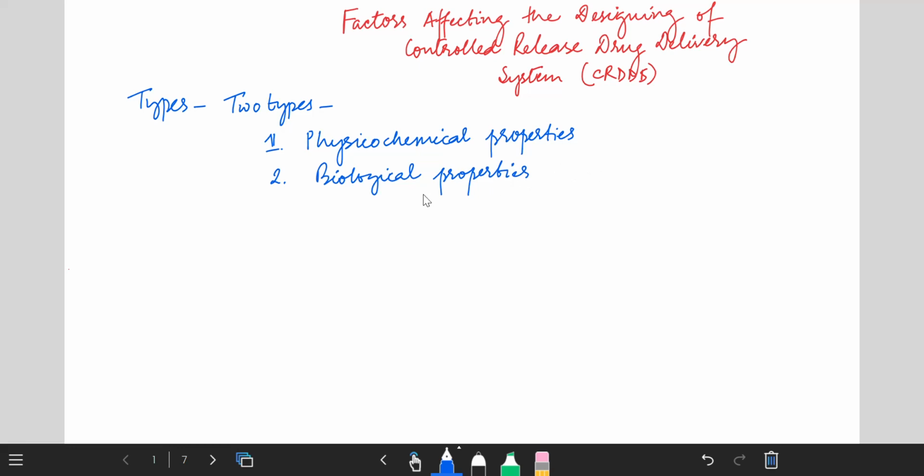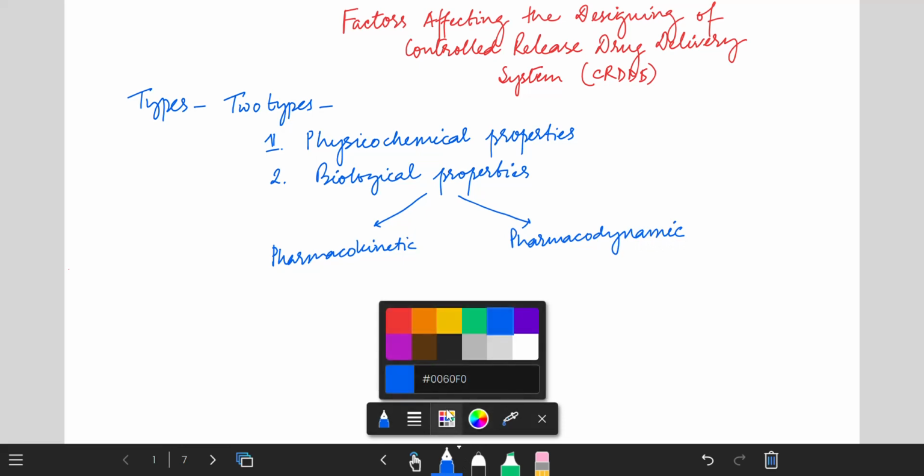Biological properties again are subdivided into two categories. First one is pharmacokinetic properties. Second one is pharmacodynamic properties. First we will discuss the physicochemical properties.